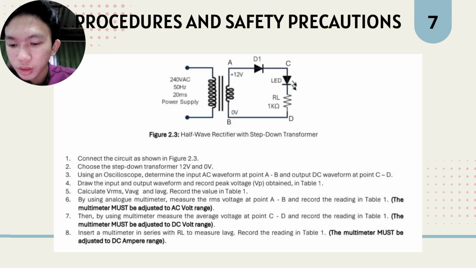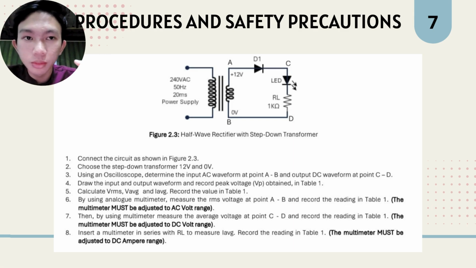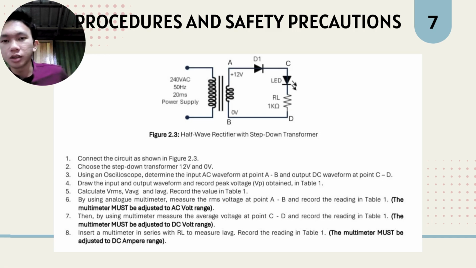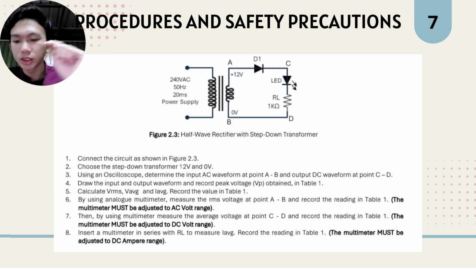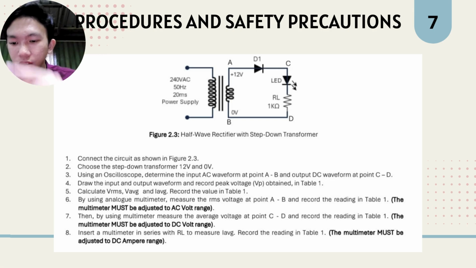VPP is 38 volt, and VAC is 12 volt. This result you will get by using the multimeter and from the oscilloscope. The waveform at points A and B is a full sine waveform, which is a complete waveform.